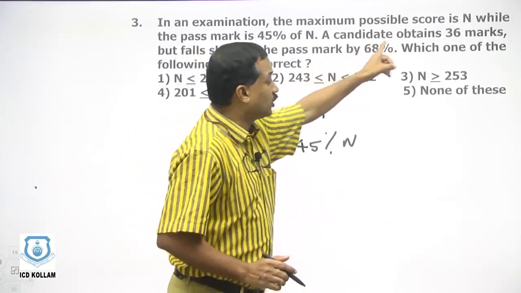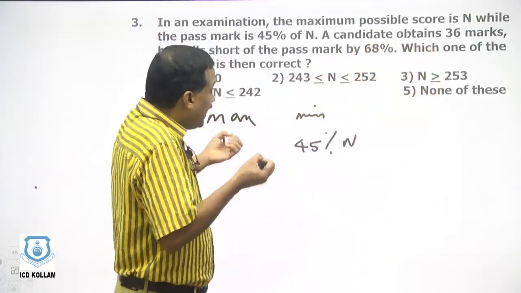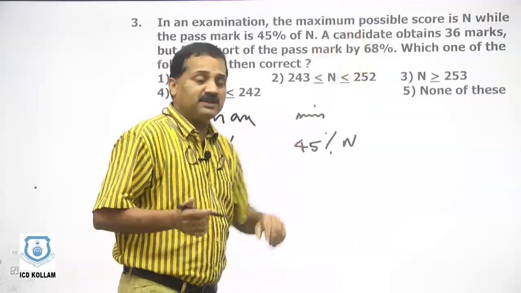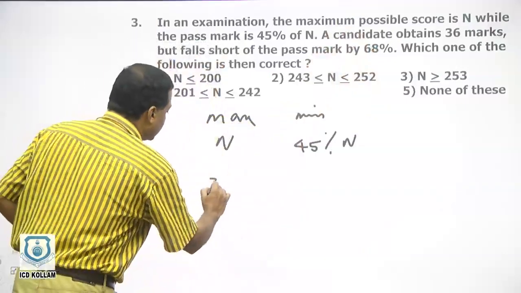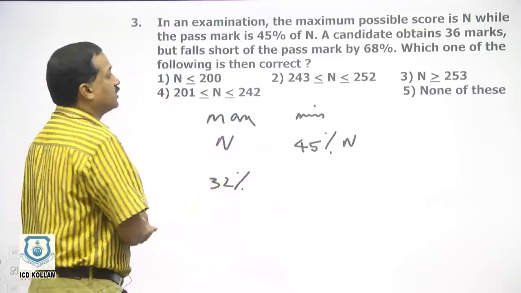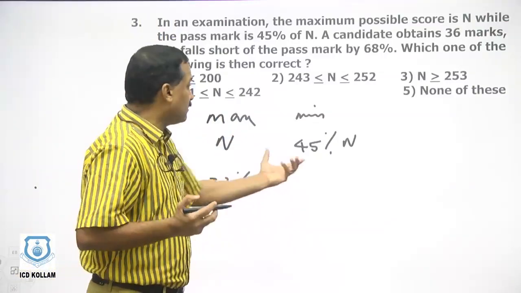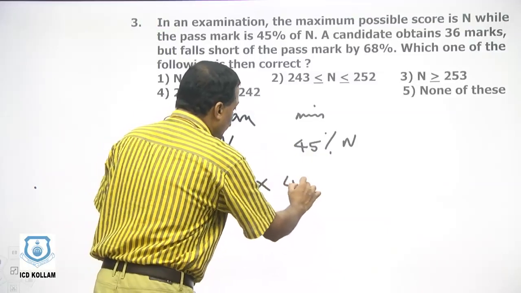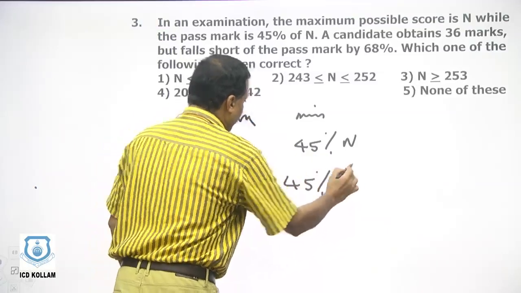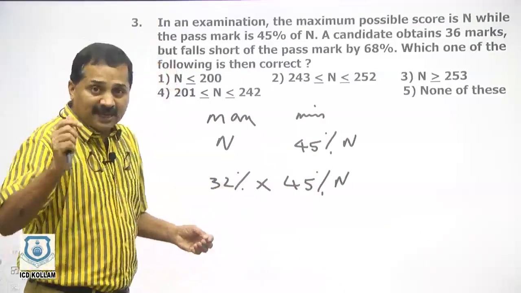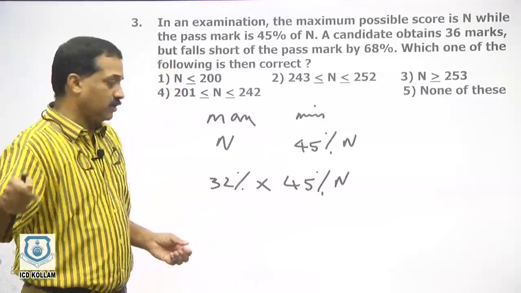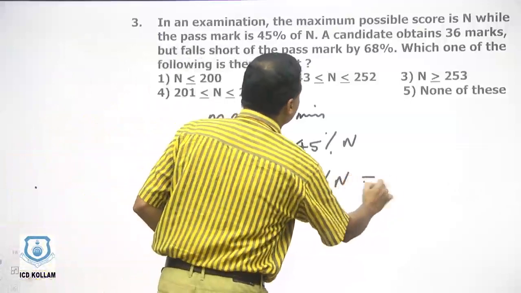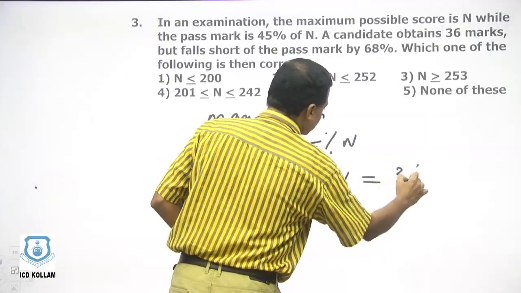The person who got 36 marks failed by 68%, which means he obtained only 32% of what? Of the pass mark. Pass mark is 45% of N. So 32% of 45% of N is what that particular candidate got, and that is given as 36 marks.